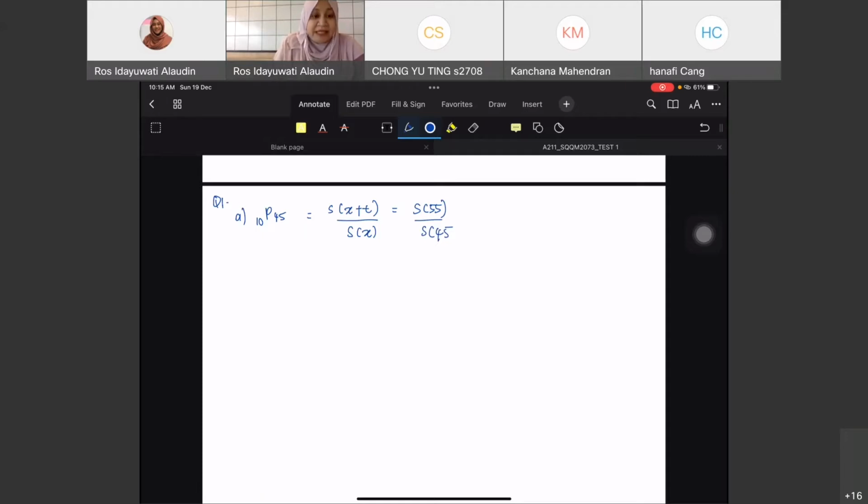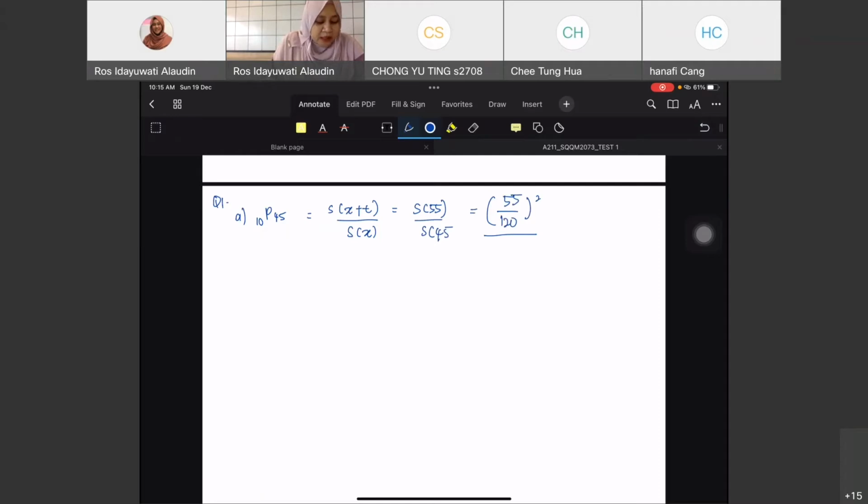And then you plug in the function. So the 55 will use the second function, so I put the x straight away inside the function.